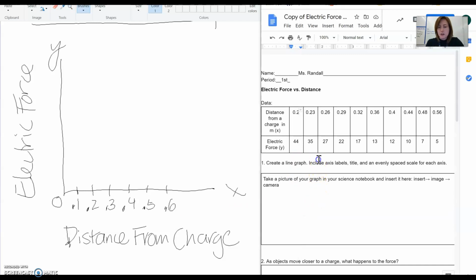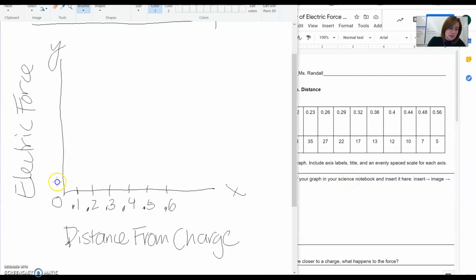And then let's look at our y-axis data. It looks like the smallest number we have is 5, and the biggest number we have is 44. So I've decided I'm going to count by 5s. Remember, we can't copy these exact numbers over. That's not evenly spaced. So we have to choose our own scale that's evenly spaced, and 5 sounds like a good one to me. So 0's in the bottom corner, and then go by 5s: 5, 10, 15.